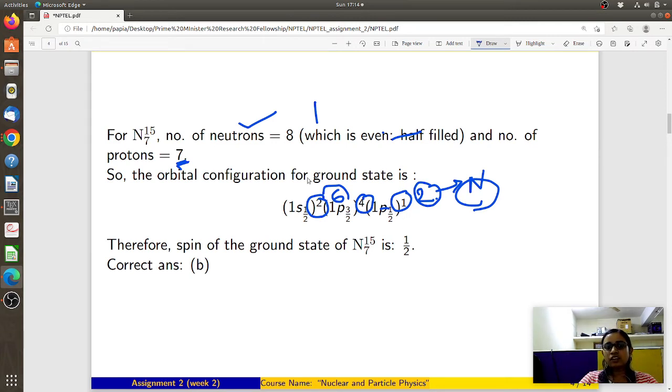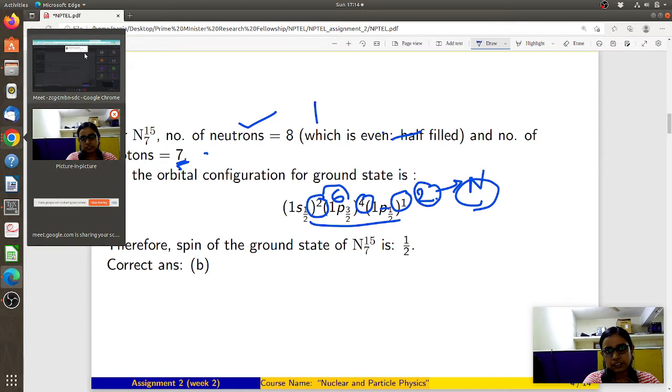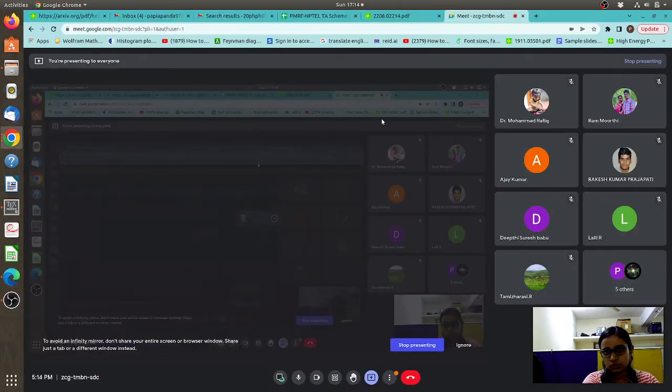So the orbital configuration for the ground state is this one for the proton. We are not considering the neutron configuration here because it is fully filled.